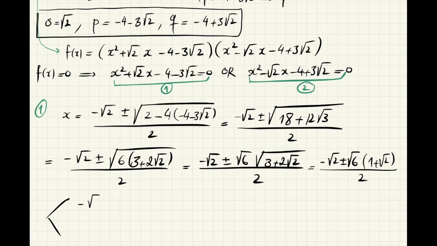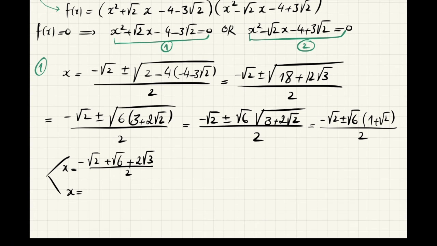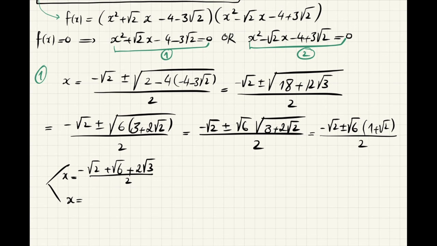So it's minus 2, positive square root of 6, positive square root of 12, which becomes 2 square root of 3, divided by 2, or I have another answer which is minus square root of 2 minus square root of 6 and minus 2 square root of 3 divided by 2. Yes.